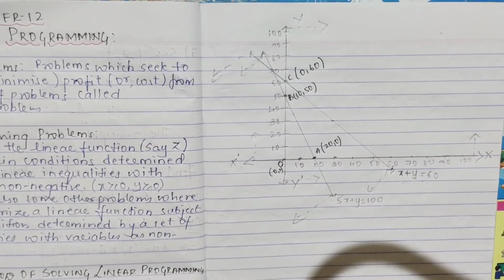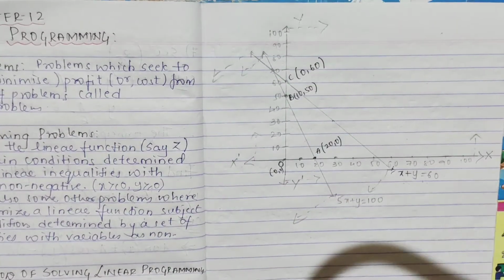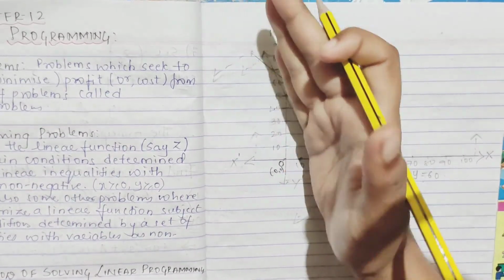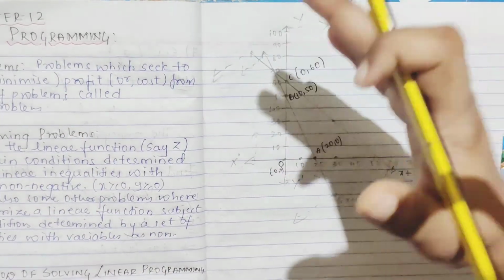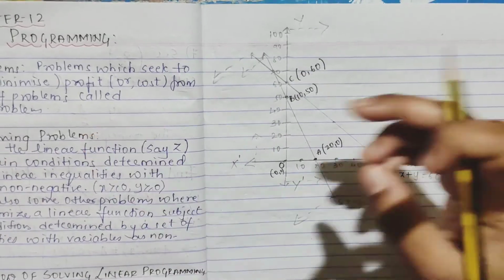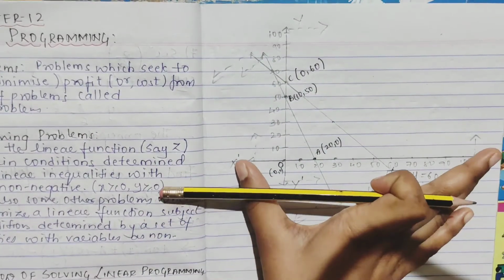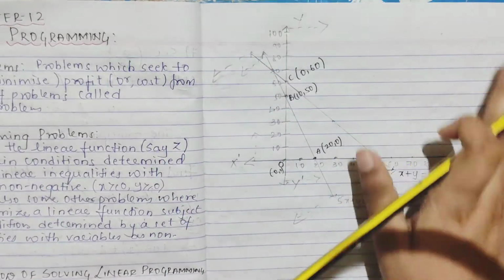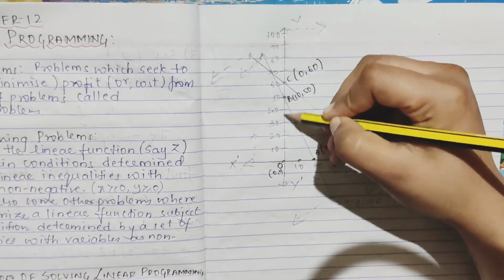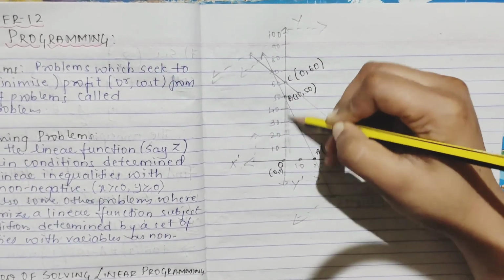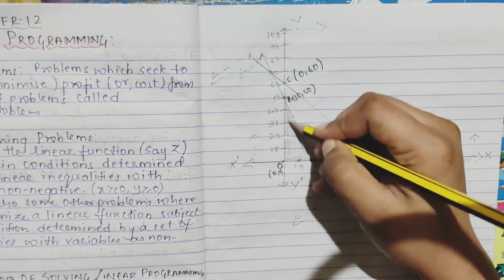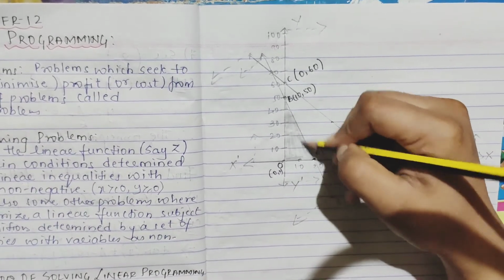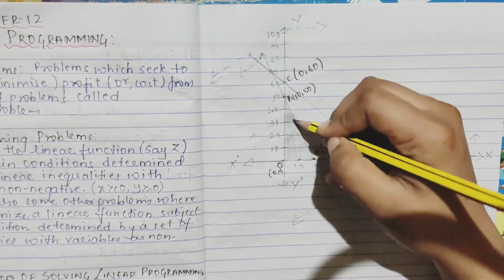So these are the constraints, and we are checking whether it satisfies or not. See here, for this line you are getting this region positive. Even for this line you are getting this region positive. Here this region, and here also this region. In all 4 you get a common region, this. This you are getting as a common region, and such a region is called the feasible region.